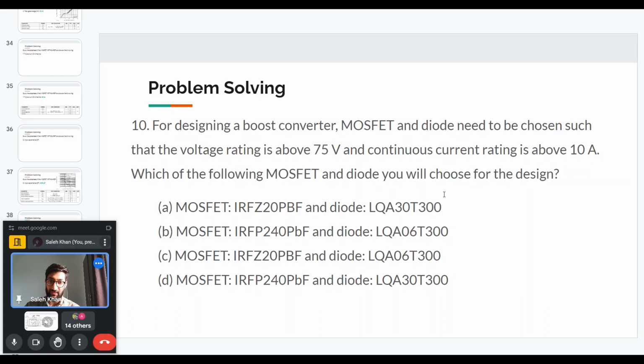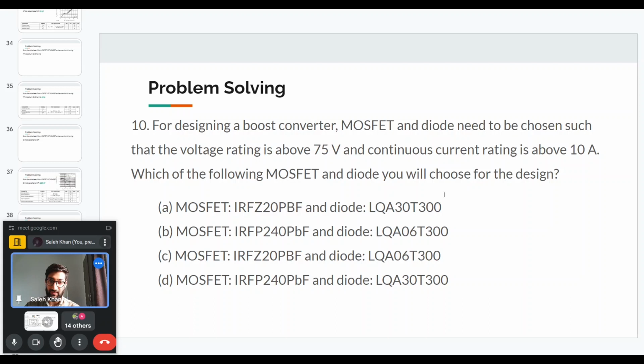The second MOSFET satisfies our conditions because the drain source voltage is 200 volts, which is much higher than 75 volts. And similarly, the continuous drain current, even at high temperatures, is more than the 10 ampere requirement. So we can choose the second MOSFET out of these two.